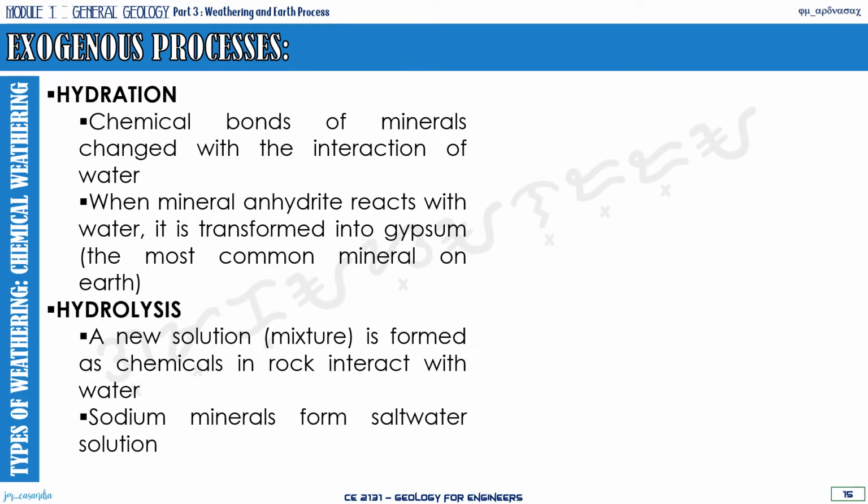Another chemical weathering is hydrolysis, wherein there's a formation of a new solution or mixture as chemicals interact with water. An example of this will be sodium minerals that is formed through a salt water solution.